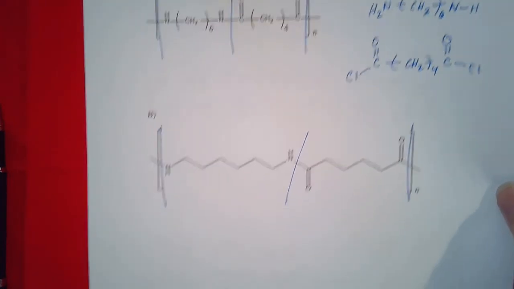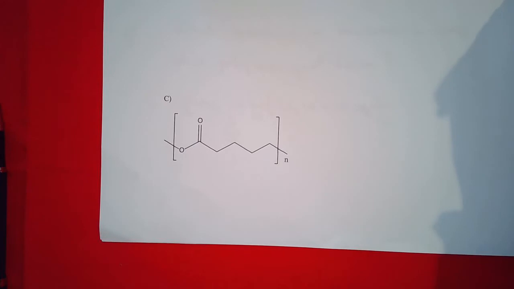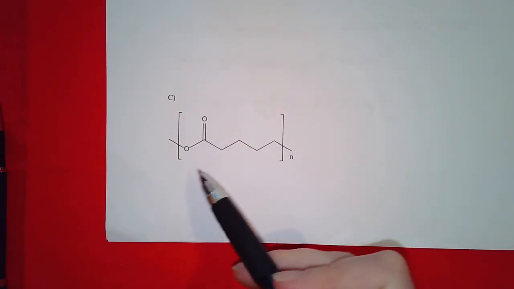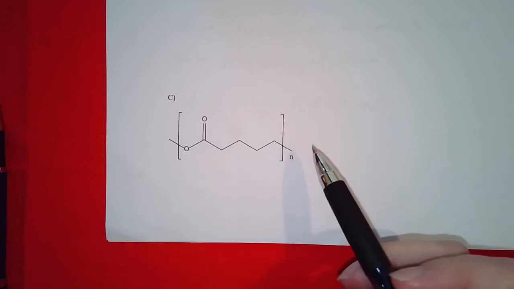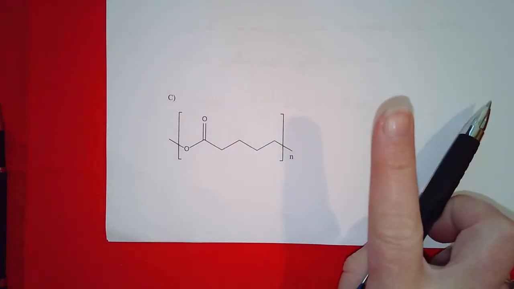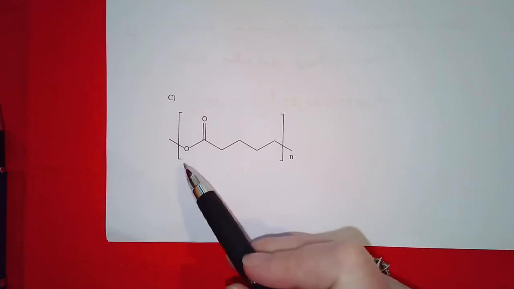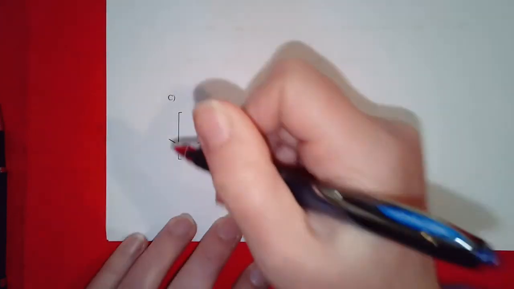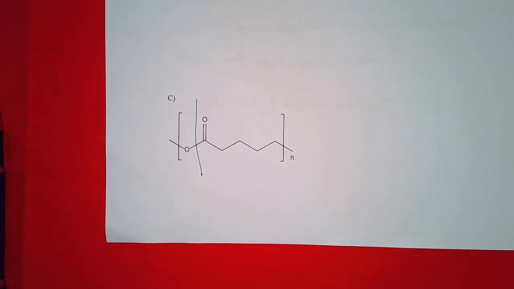And now let's go down and do problem 2C. How many linkages per repeat unit? Only one linkage per repeat unit, and it's an ester. It's an ester linkage. So if I slice that ester linkage in half and then rewrite what I have left, I can figure out what the monomer is.